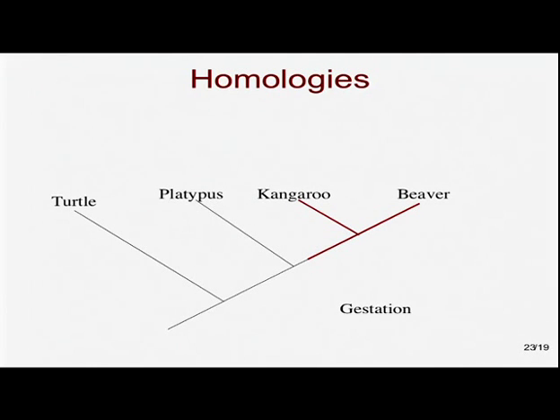If you don't know, platypus lays eggs. Right? It lays eggs like a chicken. Kangaroos don't lay eggs. Beavers don't lay eggs. None of the other mammals lay eggs. We give birth to live young. Birds lay eggs. Turtles lay eggs.